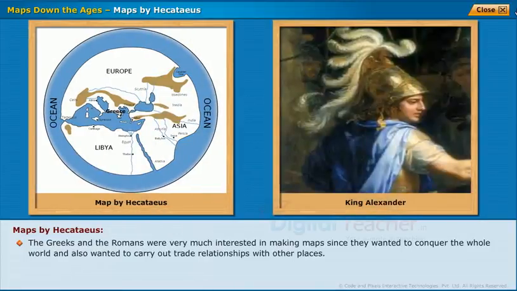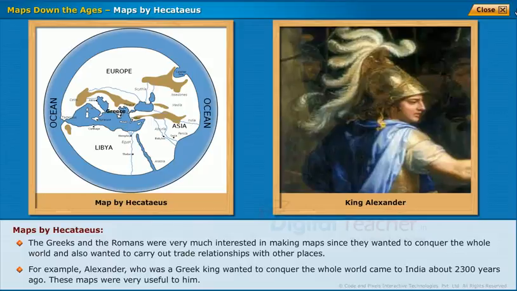The Greeks and the Romans were very much interested in making maps, since they wanted to conquer the whole world and also wanted to carry out trade relationships with other places. For example, Alexander, who was a Greek king, wanted to conquer the whole world, came to India about 2,300 years ago.